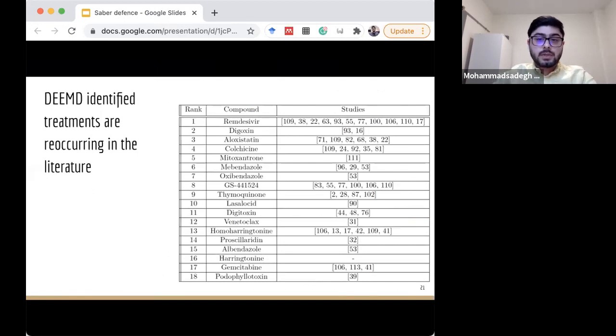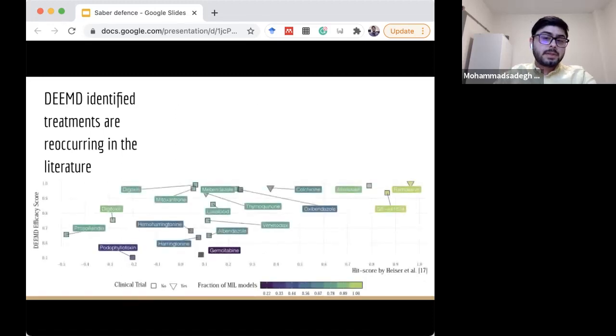DEEMD has identified treatments that are reported in the literature to possess therapeutic activity against SARS-CoV-2. Here is a table for the identified treatments, along with the studies that have reported them to show some kind of effectiveness against SARS-CoV-2 or COVID-19. We also compared DEEMD estimated efficacy scores with the original paper that published the dataset and used a similar pipeline to estimate the efficacy for the treatments.